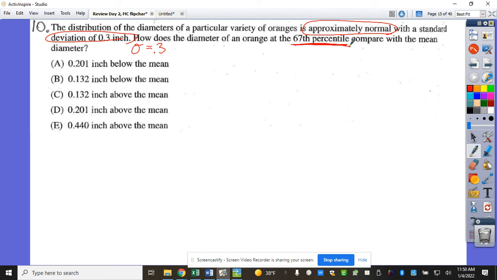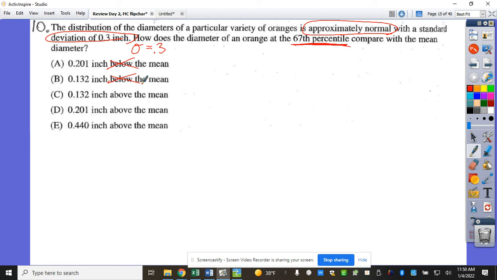You do better than 67% of the people, which means you are better than the mean. So which of these answers should you immediately mark out? Below the mean. So if you've noticed, a lot of the problems, even hard ones, you should be able to knock out at least 1 or 2 answer choices before you even start the problem.